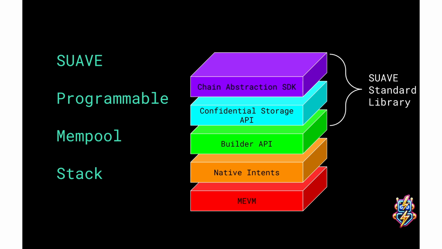Next, native intents. So SUAVE supports EIP 712 messages, and eventually this will actually be the native transaction format on SUAVE. And lastly is the MEVM, which we won't get into details too much today, but it is a slightly modified EVM. And when I say slightly, I mean that you can still compile regular, ordinary Solidity, but the key difference is that all of these nodes are running a modified interpreter.